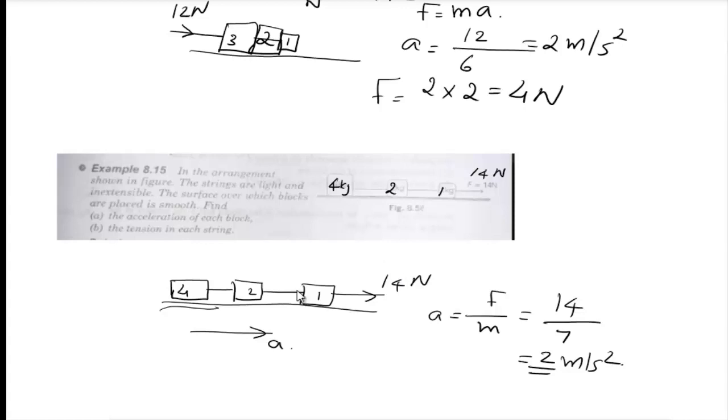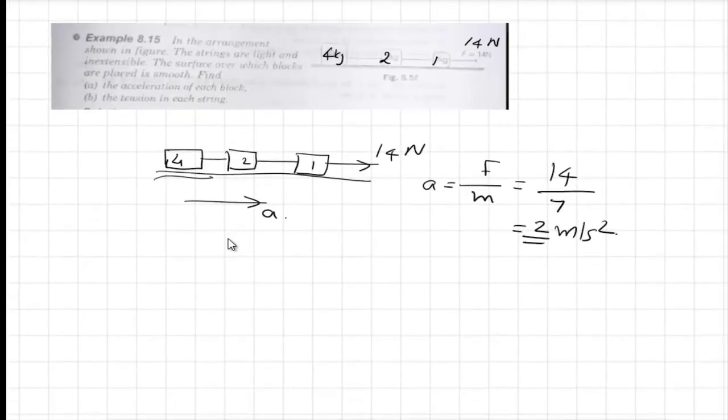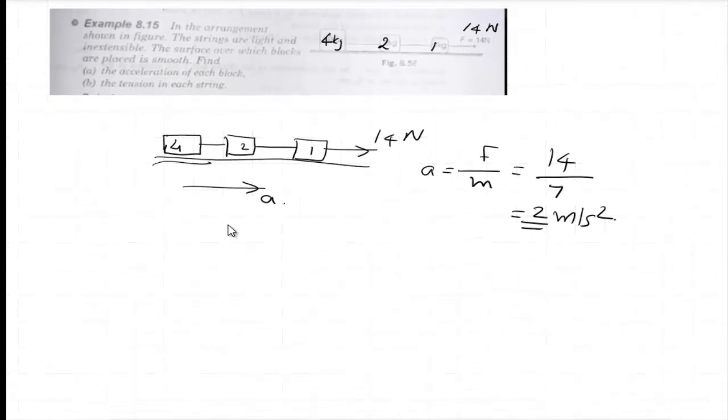In the previous question we found out the normal reaction force, right? Here it is attached with the string. So what is the tension acting on it? For each mass, first I am considering the 4 kilogram mass. What are the forces acting? One tension will be acting between this 4 kilogram mass and the 2 kilogram mass.